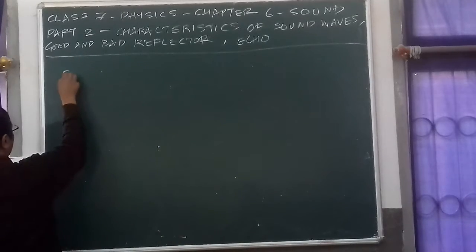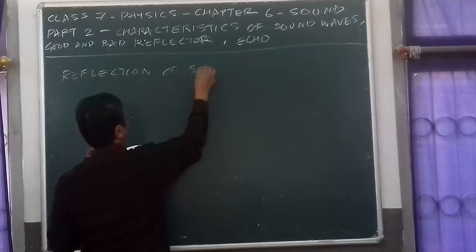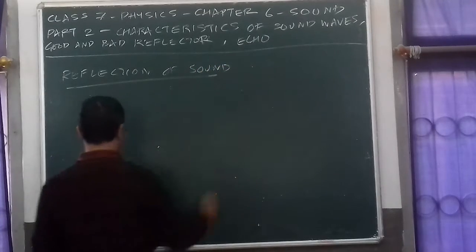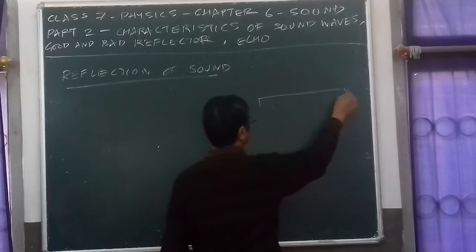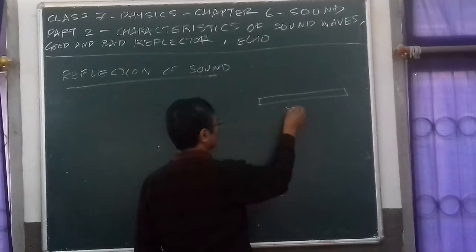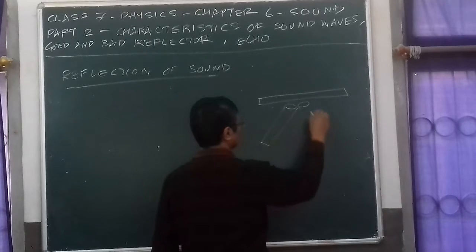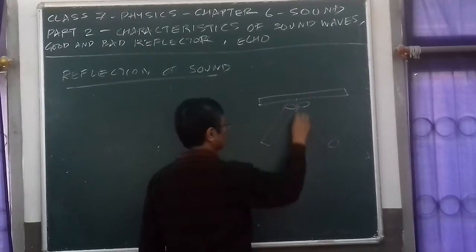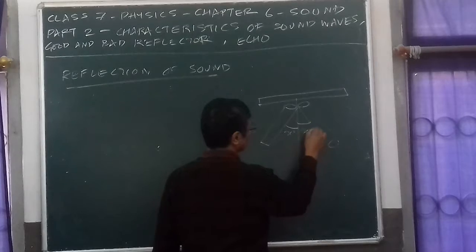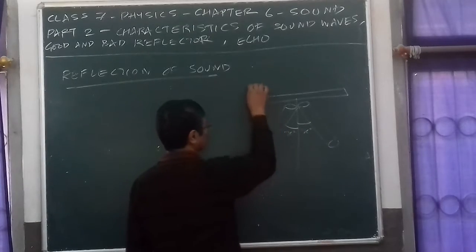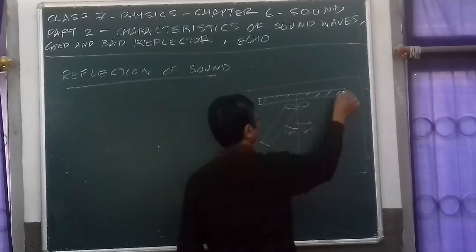Now let us talk about the next topic, reflection of sound. You can conduct a simple experiment in which you take two cardboard tubes and place them on a table at an equal angle from the mean position, let's say angle x, and at the end of the tubes you place a piece of plywood or a hardwood.